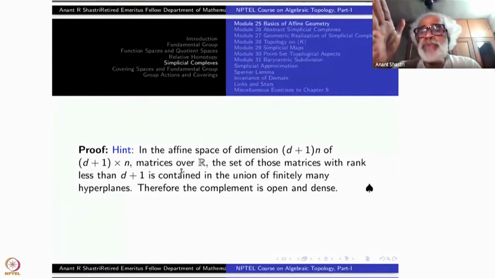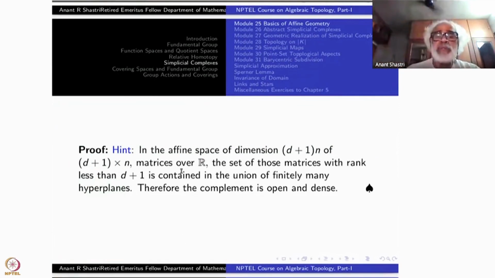In other words, I am taking Rn, D plus 1 times. This is linearly isomorphic to R to the D plus 1 times n, right?